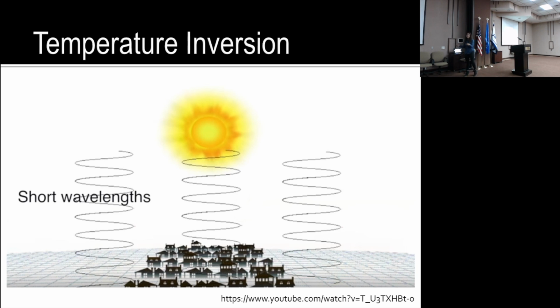Temperature inversions. I'm not a meteorologist, but we'll talk about temperature inversions in just kind of layman's terms. I'm sure you guys are familiar with them. During the day, we have radiation reaching the Earth's surface via short wavelengths.